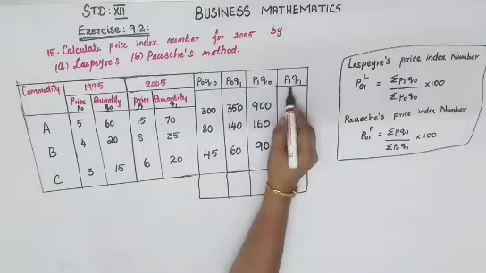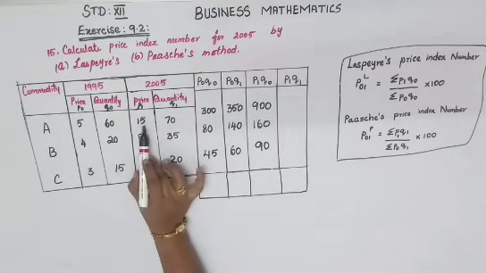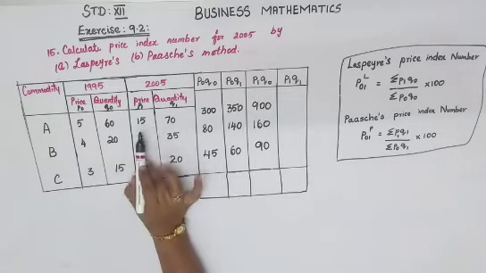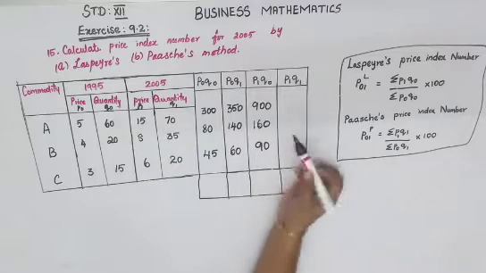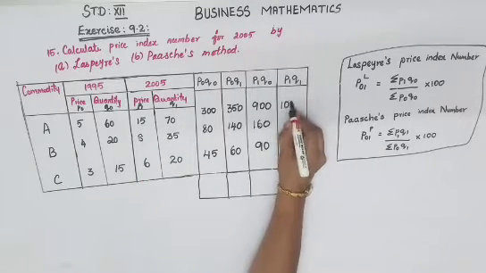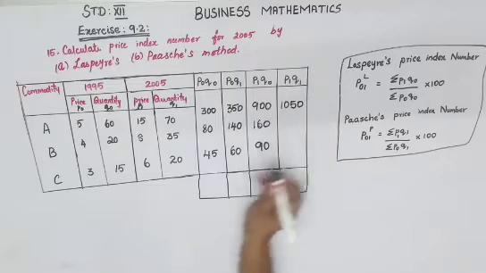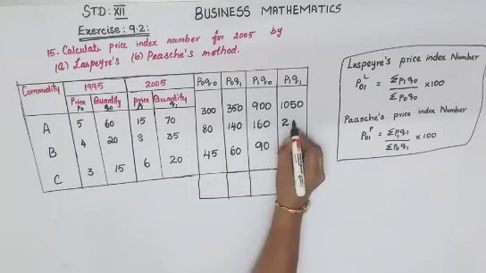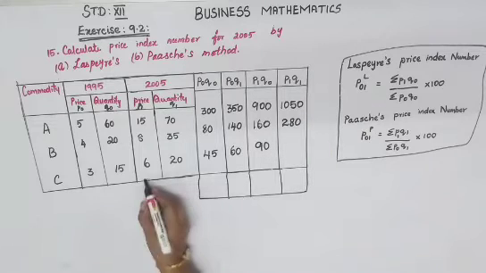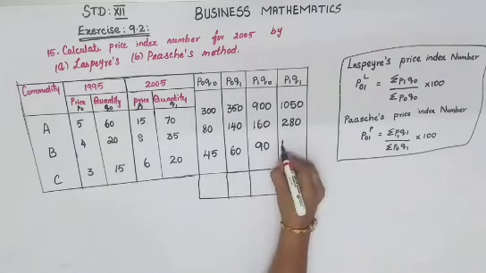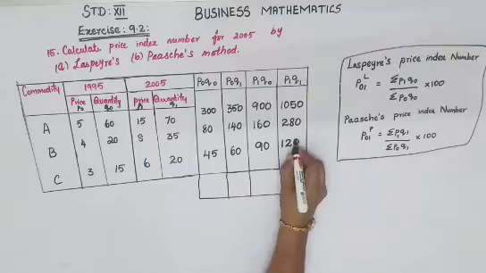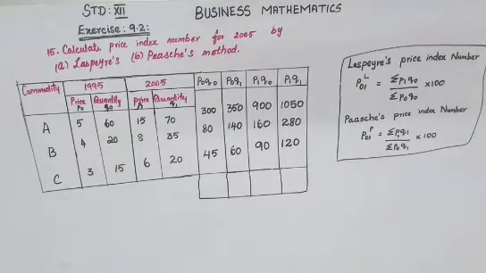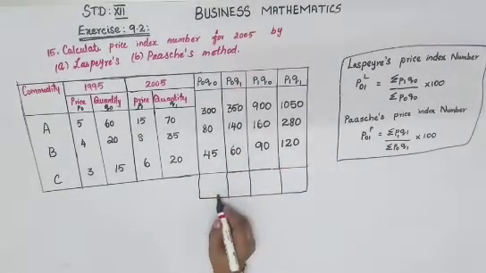The last column is P1 Q1. That is, last two columns you will have to multiply. So 15 into 70, you will get 1050. Next is 8 into 35, you will get 280. Next is 6 into 20, you will get 120. You can use your calculator and multiply it. Now sigma of these values you'll have to find.